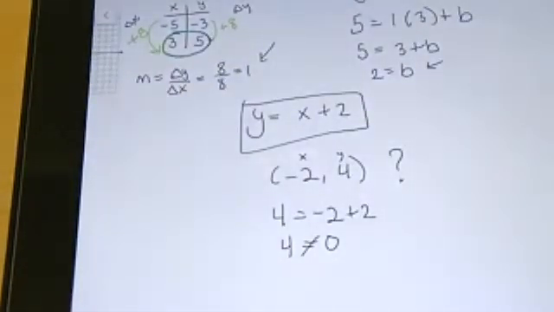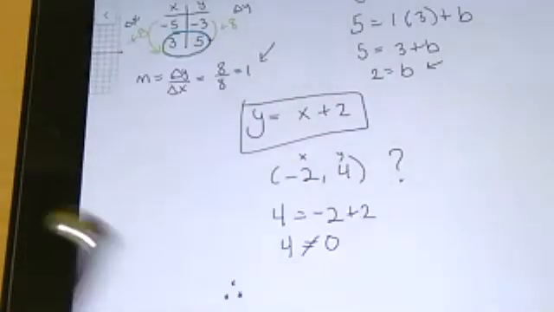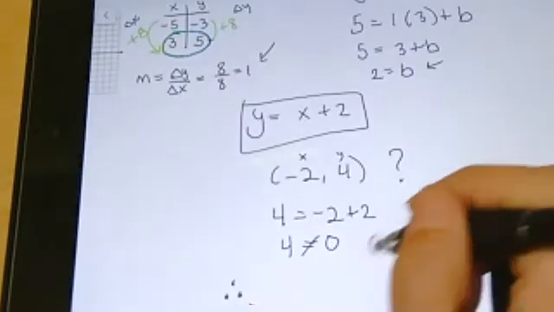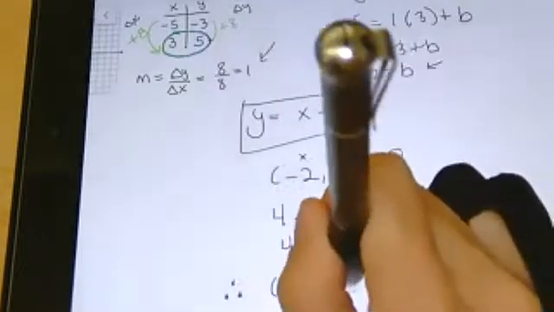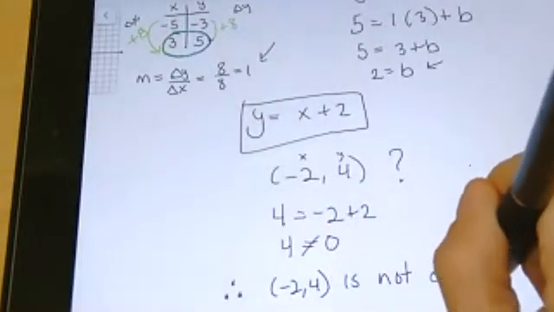The only way that it can be on the line is if these two numbers come out to be equal to each other. So therefore, you don't want to write the word therefore, which is a long word. 3 little dots mathematically means therefore. So therefore, (-2, 4) is not on the line.